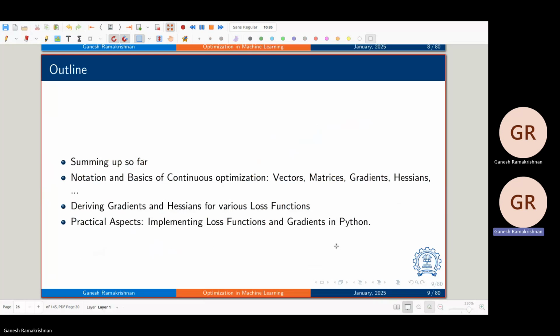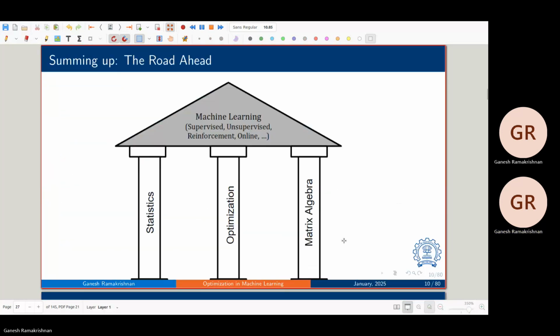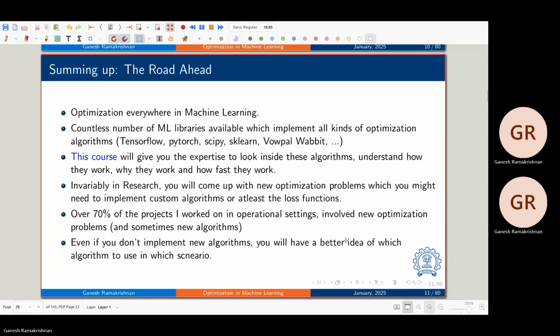Okay, so I provided you the notation and basics for vectors, matrices, and we'll look at implementing the loss function. So, yeah, this is a recap. We need strong linear algebra, matrix algebra here. So what will we do? We'll actually look at operational settings. A lot of it is operational settings through your projects.